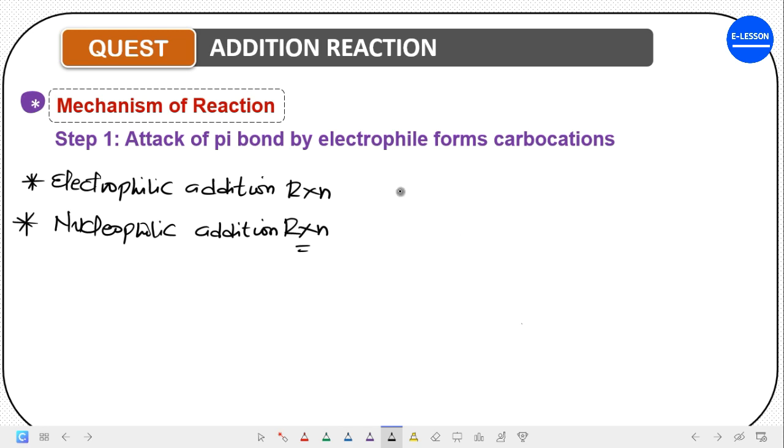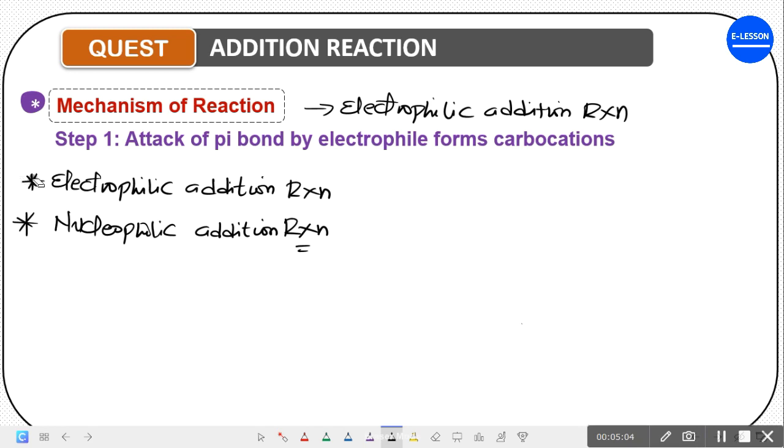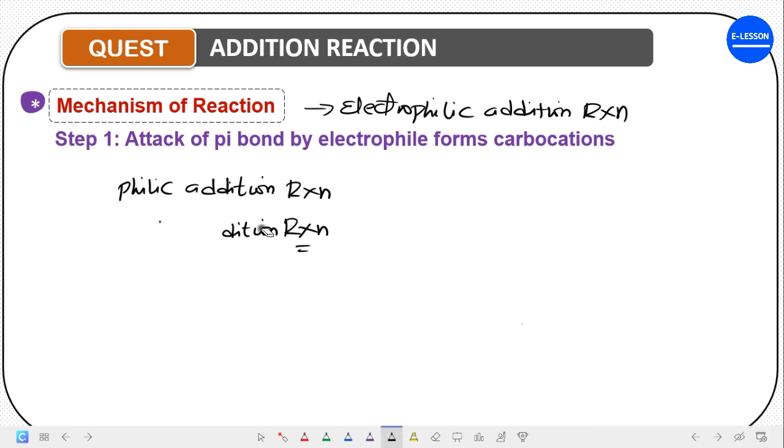Now, another thing that we also need to take note of is why or how does this reaction actually occur. This one we are going to be talking about now is mostly on the electrophilic addition reaction. Now, the electrophilic addition reaction, how does it occur and why?